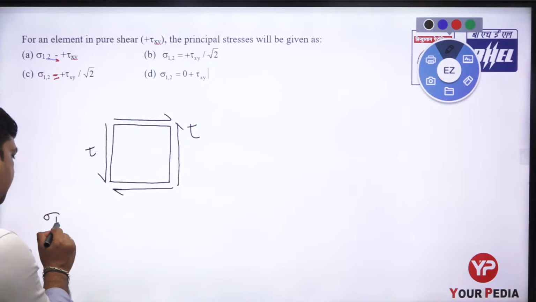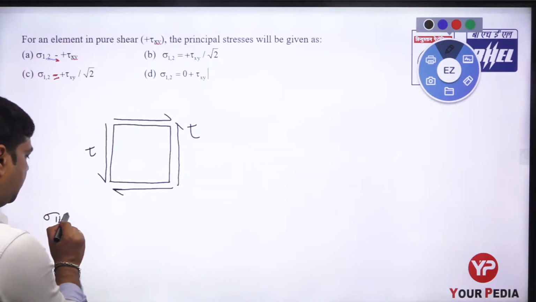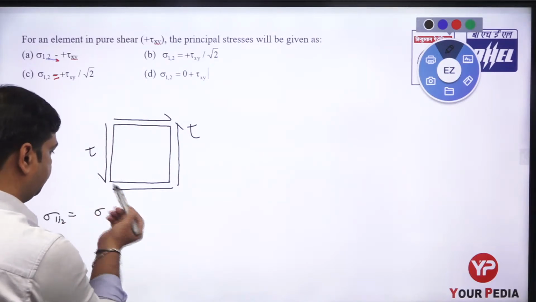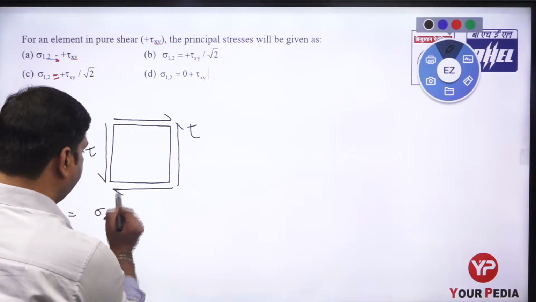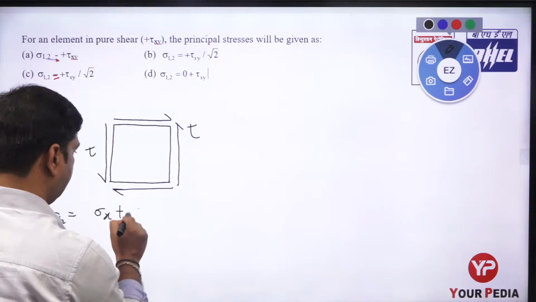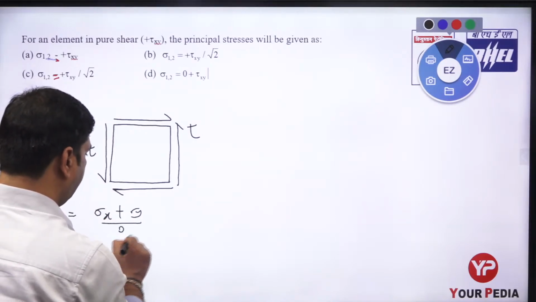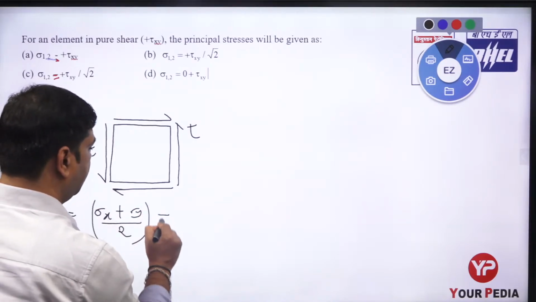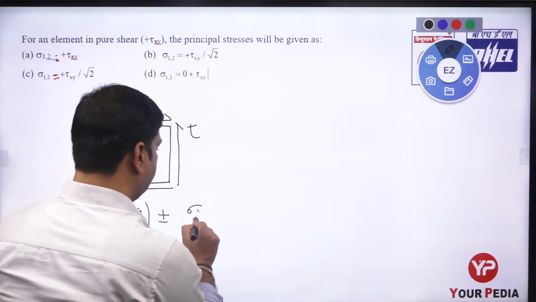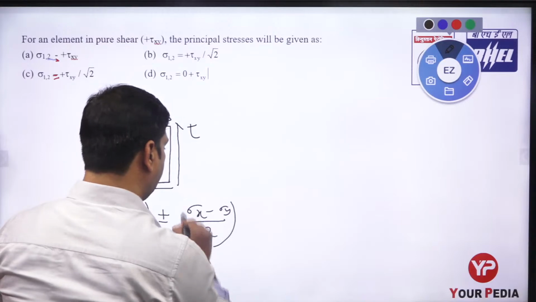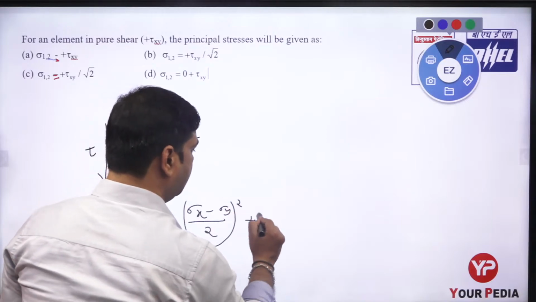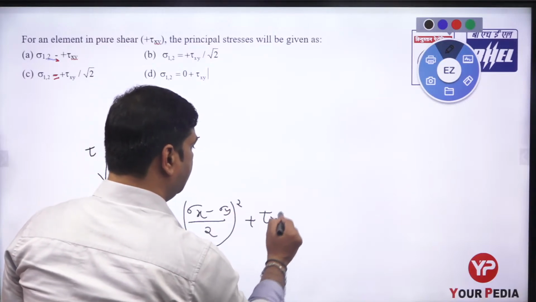It is sigma 1, 2 equals to sigma x plus sigma y divided by 2 plus minus square root of (sigma x minus sigma y divided by 2) square plus tau xy square.